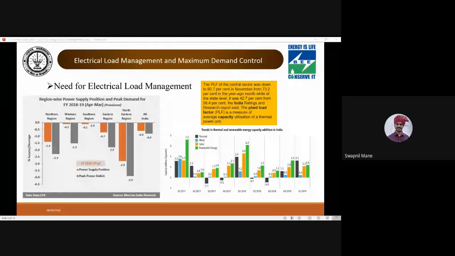As per your knowledge, is a higher value good or a lower value good? Plant load factor. Please answer in the chat section. The question is, according to you, should plant load factor be lower or higher? Is a lower value considered good or a higher value considered good?